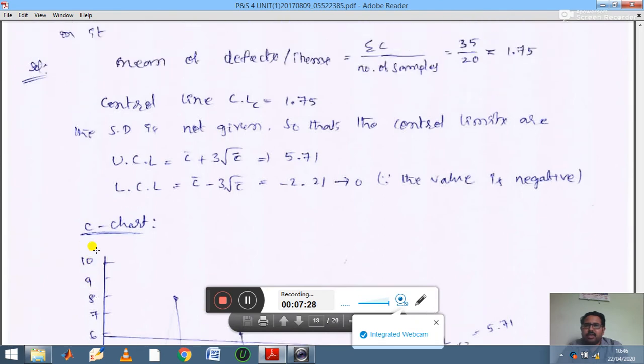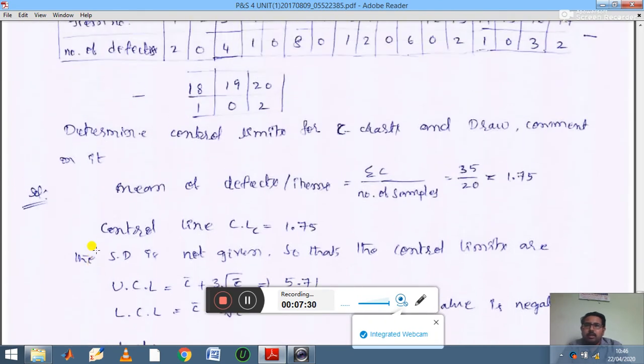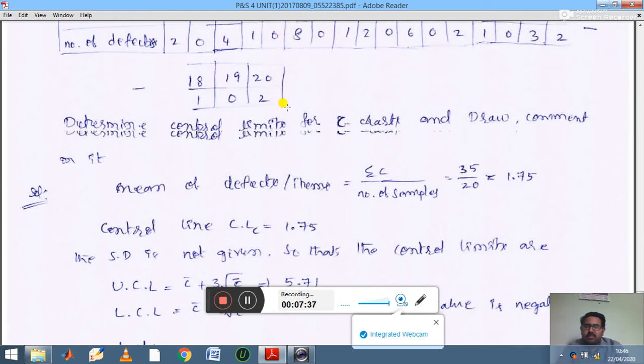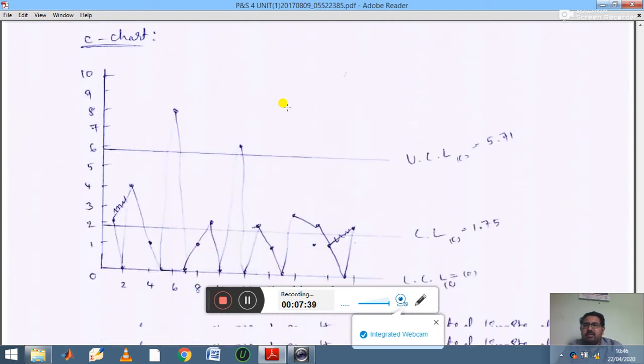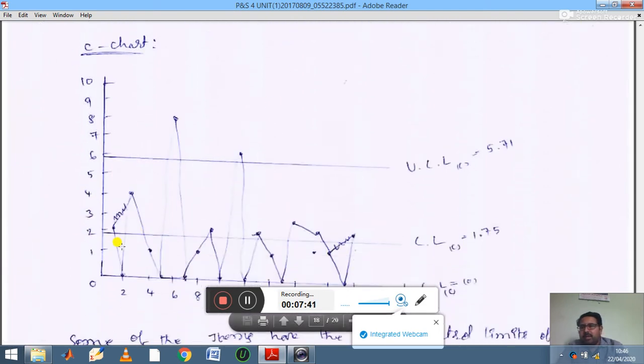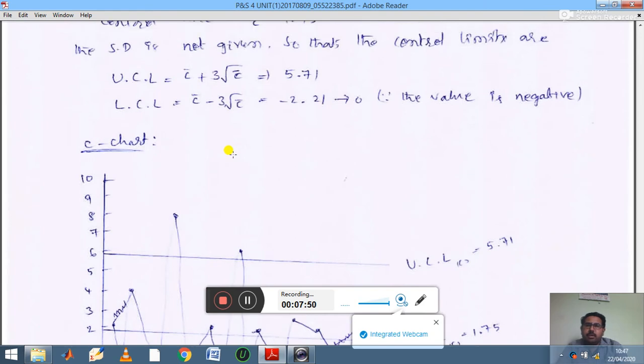The C values are given in the data. The lowest C value is 0 and the highest C value is 8. Therefore you write these C values along the vertical line by taking a width of 1, 0, 1, 2, 3, and so on up to 10.